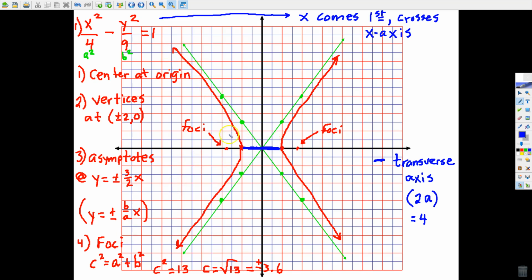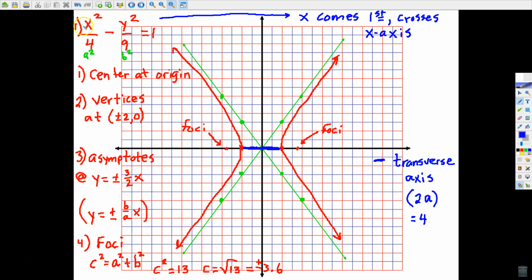First of all, a hyperbola is really two parabolas that open opposite each other, in opposite directions. And the reason why this particular hyperbola opens to the left and to the right is because x is the lead variable.